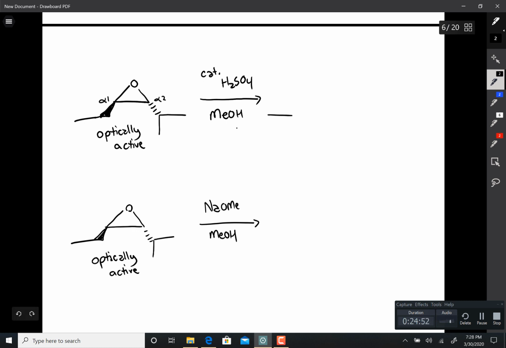As a result, you're going to end up getting a mixture. This is if it attacks the right-hand one. This is what you get if it attacks the left-hand alpha carbon.